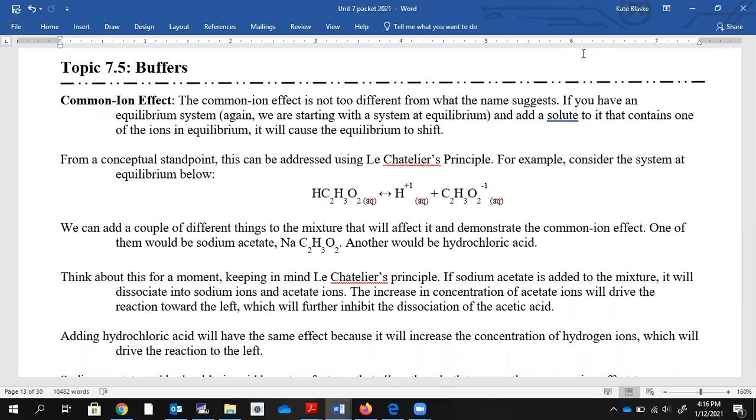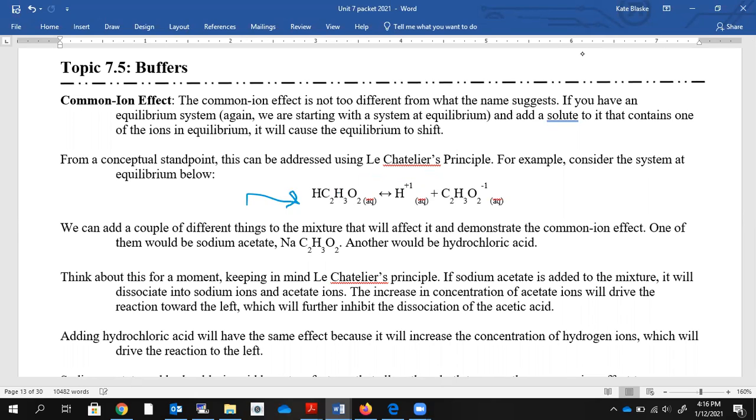So when we think about the equilibrium of, let's say, an acid. Here on the paper, we have the chemical equation for the equilibrium of acetic acid, which is a weak acid. If I increase the concentration of my acetic acid, I could cause a shift towards my products and create more H+ and more acetate ion.